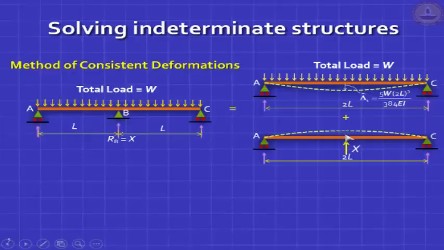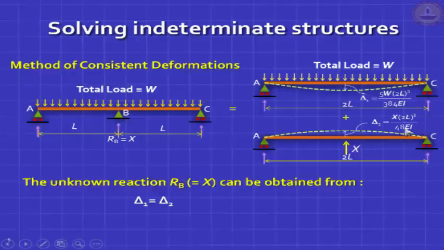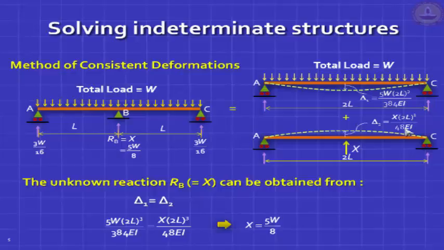Similarly, the upward deflection here will be X into 2L the whole cubed by 48 EI. Obviously, compatibility demands that these two must be numerically equal. You solve that equation, and if you apply it to the previous problem, you will find that with W as 24 and L as 4, you get the same answer.